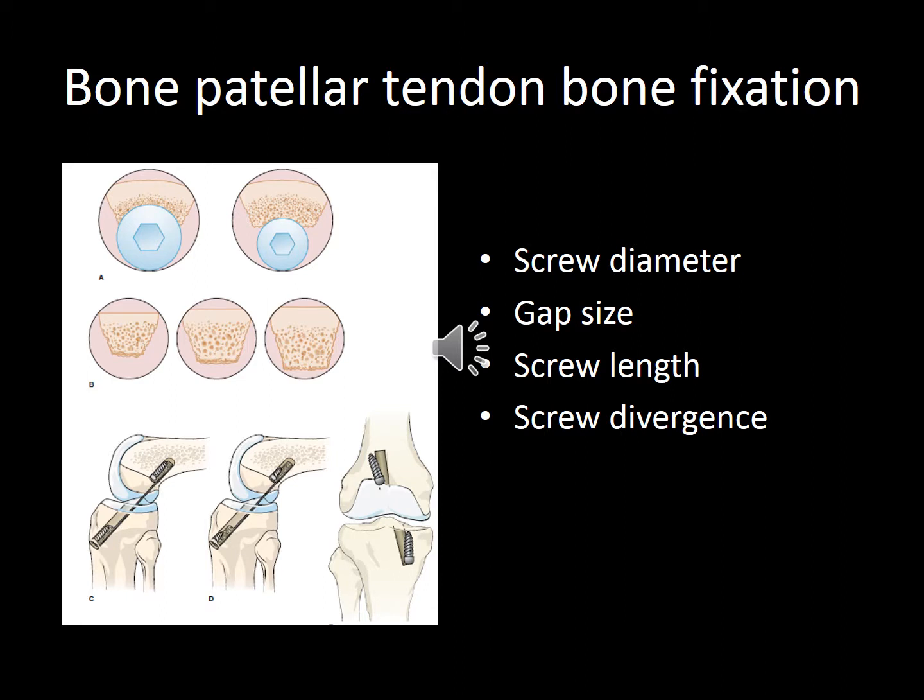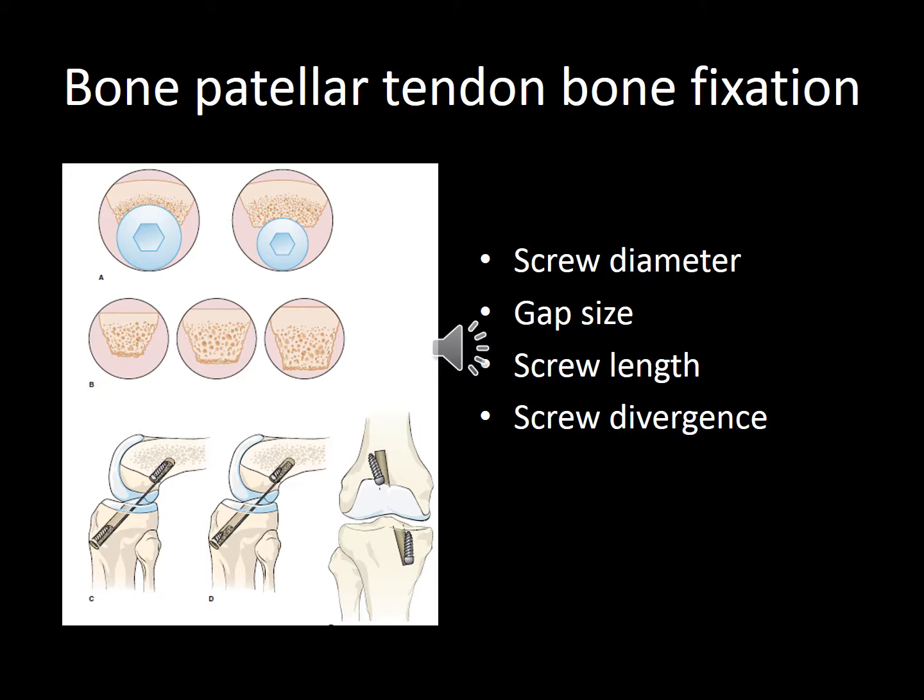Factors that influence the initial tensile properties of interference screw in bone-patellar tendon-bone fixation are screw diameter, gap size, screw length, and screw divergence. Increase in screw diameter increases the fixation. Gap size is one of the critical factors in interference screw.